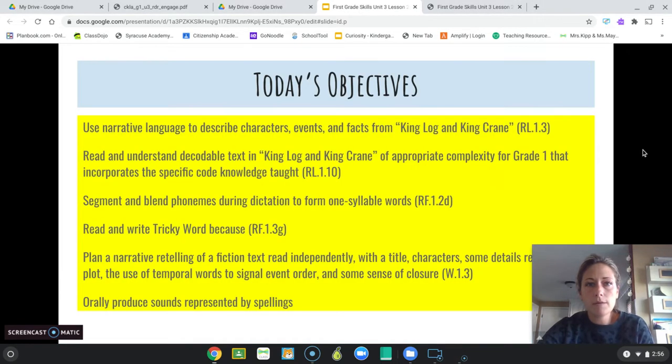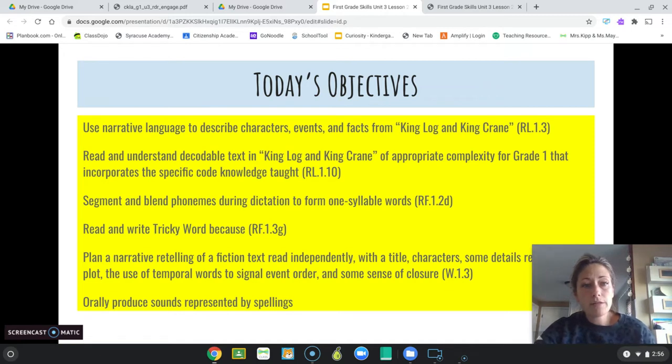Let's go over our objectives for today. We're going to use narrative language to describe characters, events, and facts from King Log and King Crane. We're going to read and understand decodable text in King Log and King Crane. We're going to segment and blend phonemes during dictation to form one-syllable words.